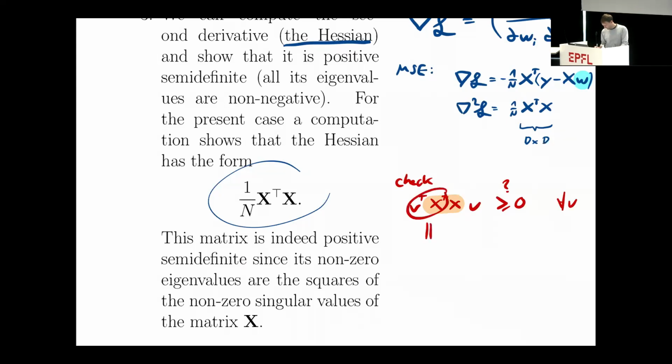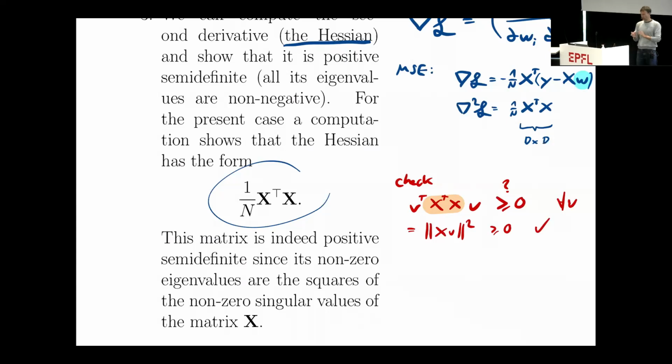Because this is the same vector on the left as this vector here. So what this is, is just Xv, which is a vector, squared, and of course this is a non-negative number. So we're good, except my handwriting is not so good.